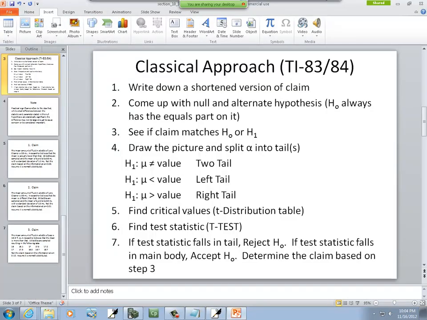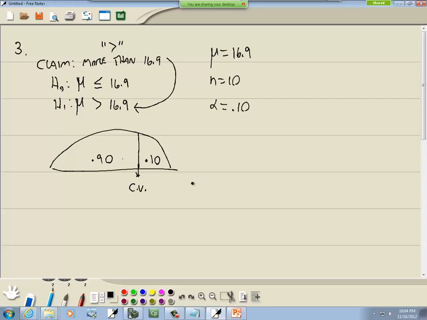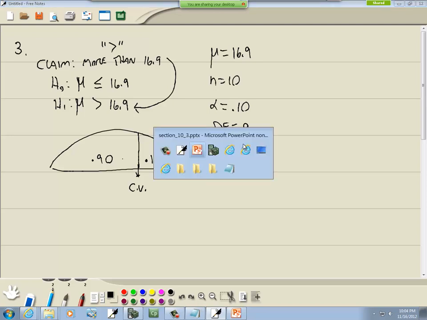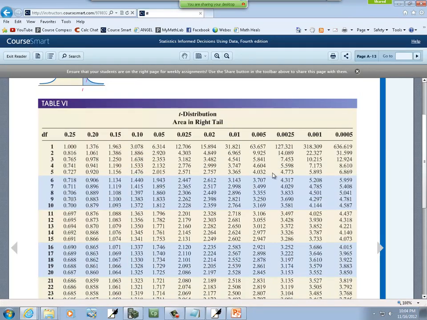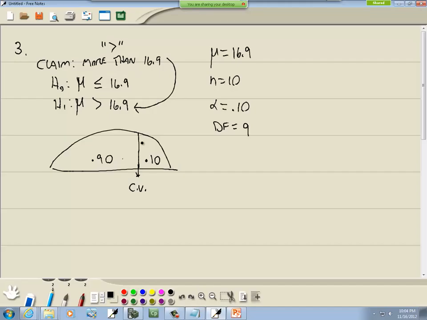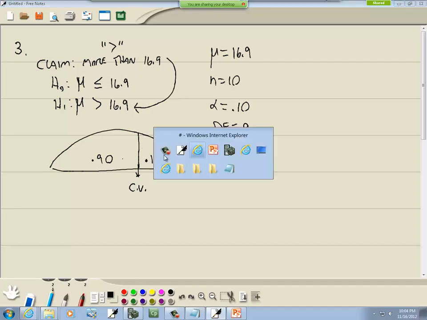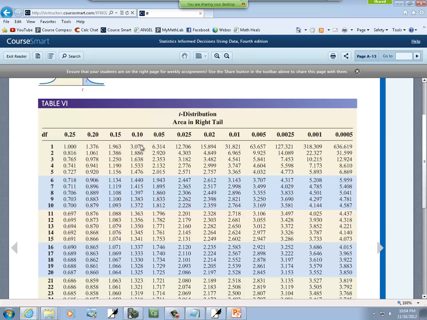Step 5, find your critical values. Use the t-distribution table. To use that table, we need our degrees of freedom, which is 1 less than n, which is 9. So let's go look it up. Now the area in one tail is 10%, so I come to the 10% column.